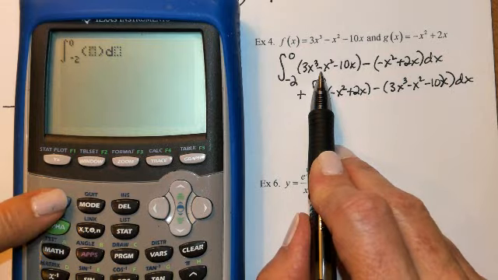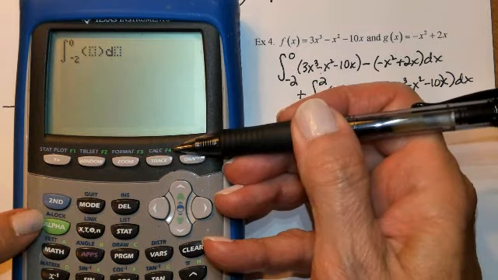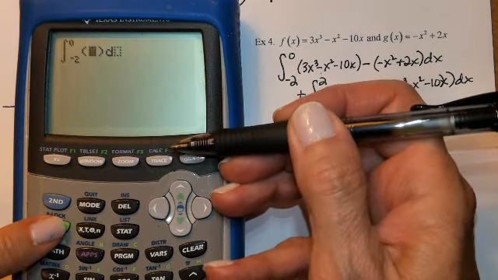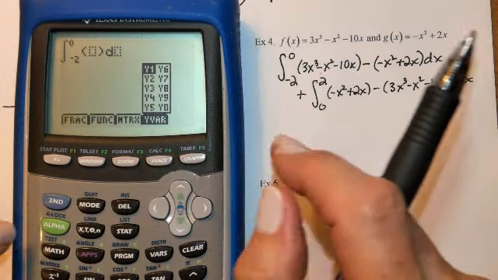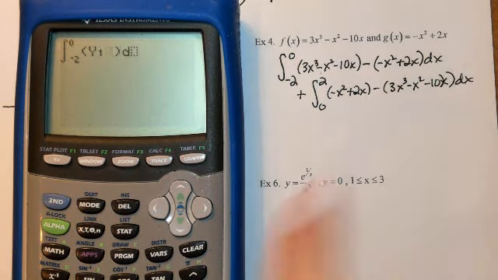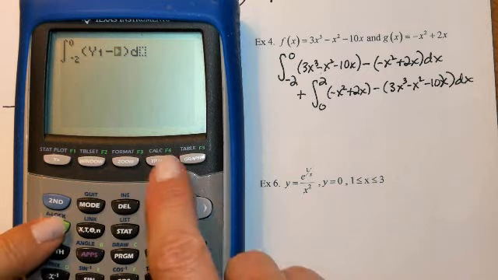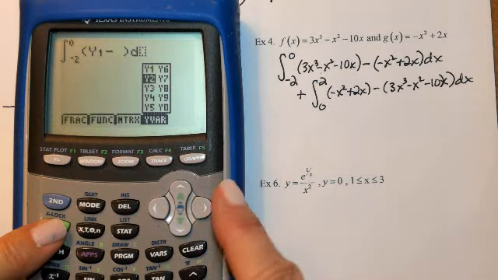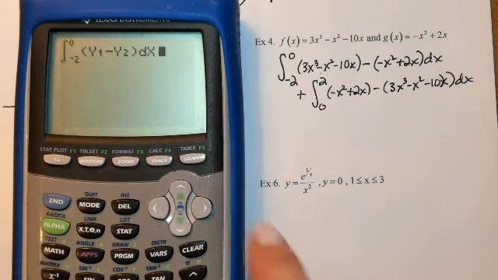What's the quick way to get to y1? Come up here to F4, which is alpha trace. It gets you to F4. Y1 minus y2. And now you don't have to retype it all in. Isn't that lovely? So we got 12.